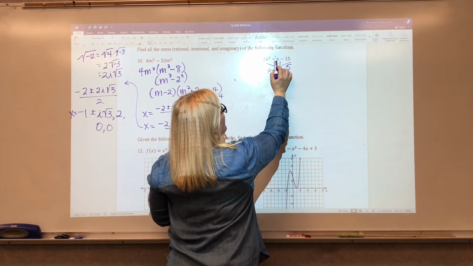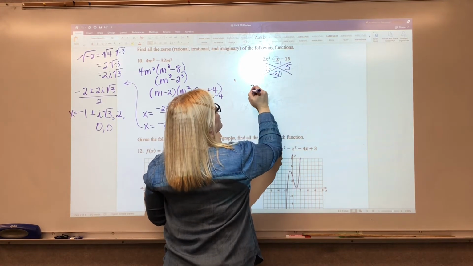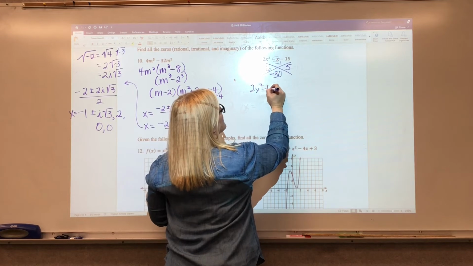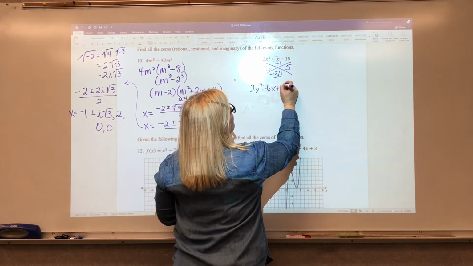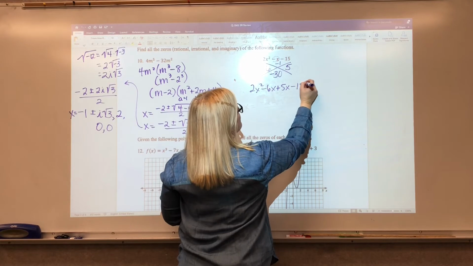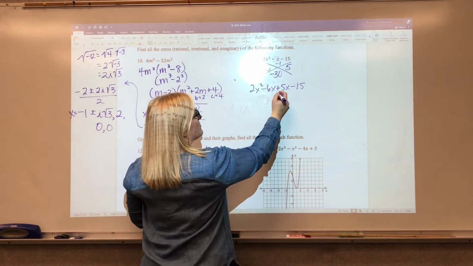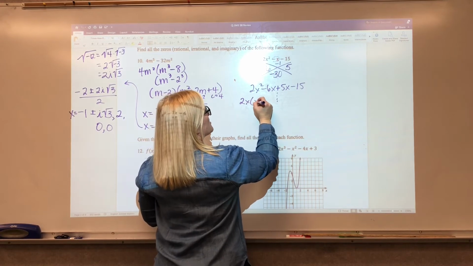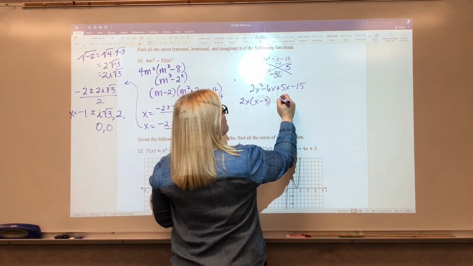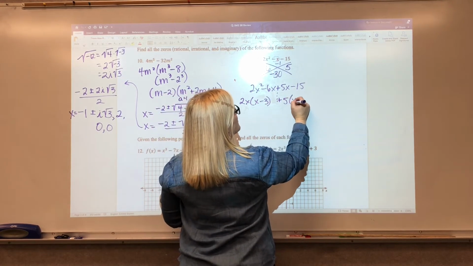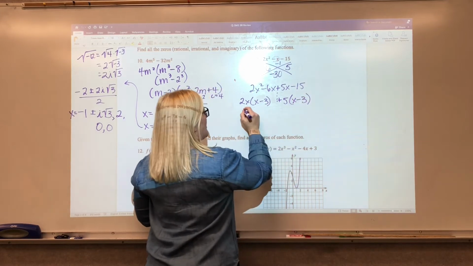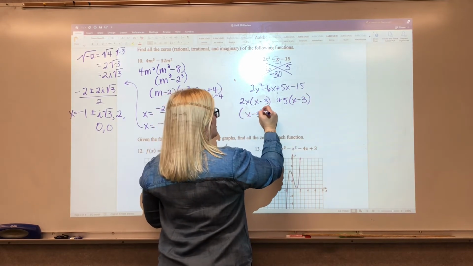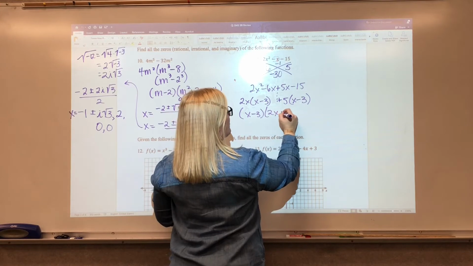So 2x squared minus 6x plus 5x minus 15. And now I factor by grouping, so I've got 2x times x minus 3, plus 5 times x minus 3. And I'm left with x minus 3 times 2x plus 5.